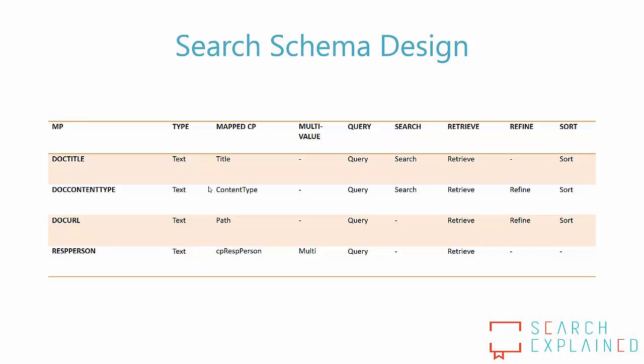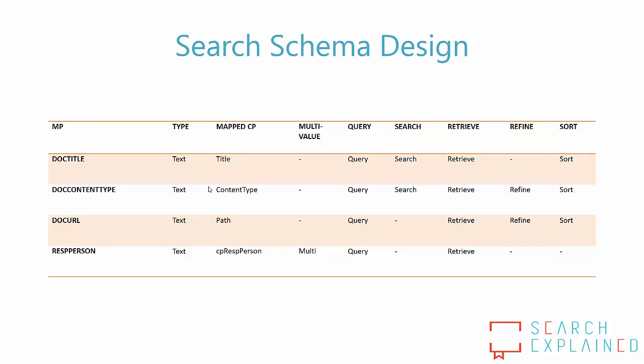And then we have many different settings for each managed property, like if it's queryable, searchable, refinable, sortable. There are many settings that I don't want to go into deep details today, but you have to know that you have those options.